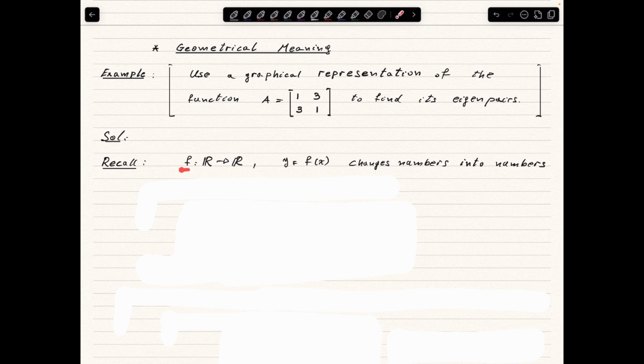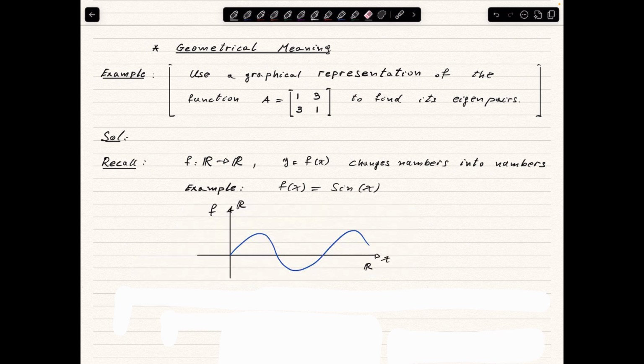Suppose we have a function f that goes from the real numbers into the real numbers. So y is a number associated to x by the function f. So this function changes numbers into numbers. And an example, any function you know, for example, f of x equals sine of x. A graphical representation of this function, what we do is, we do it on the plane, on R2.